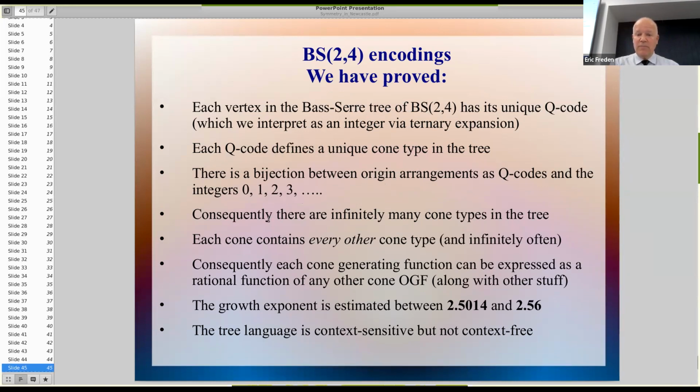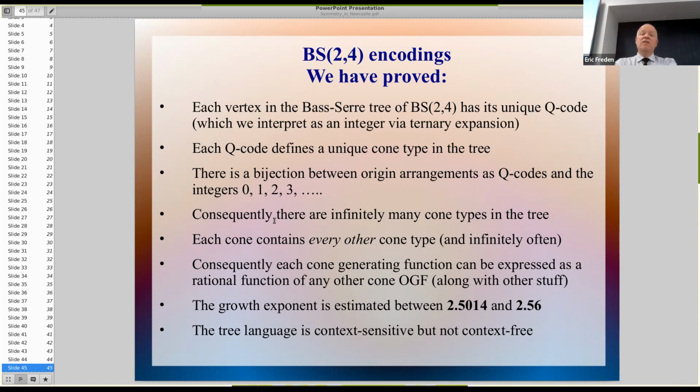This tree is self-similar. If I take a look at a cone in that tree, which is just a subtree at a certain point, it's going to contain every other cone itself infinitely many times.